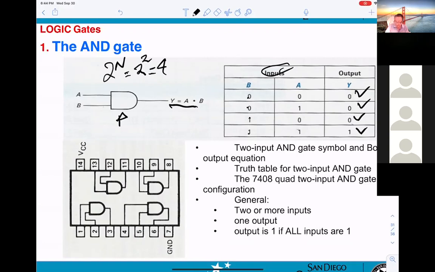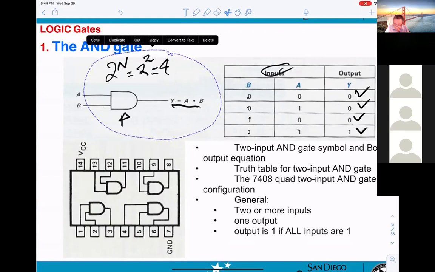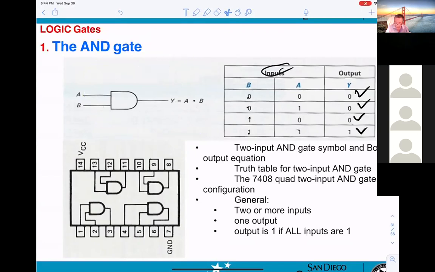So this is the truth table. Now I give you an example: if I give you one in here and one in here, what is the output? One. If you don't know, looking here: one here, one here, output one.